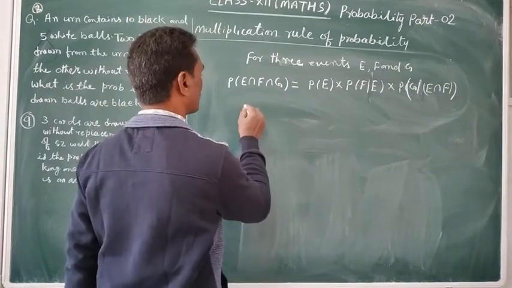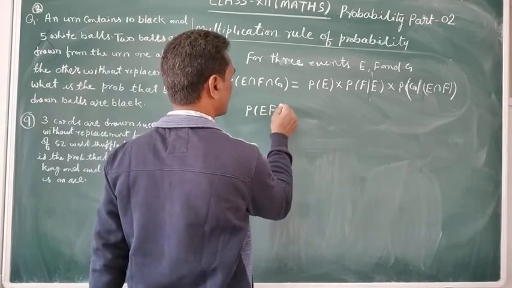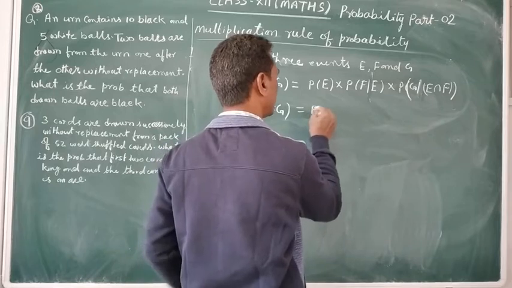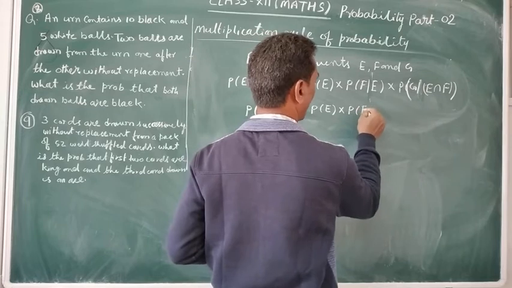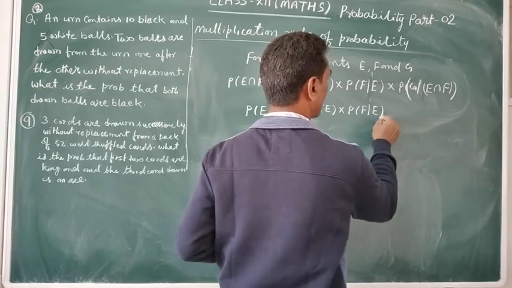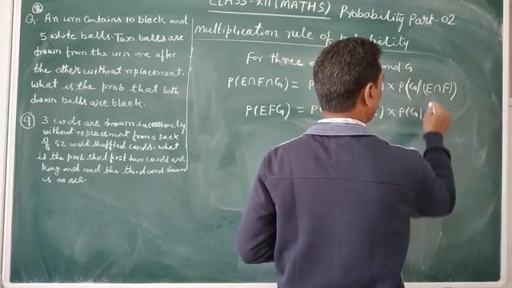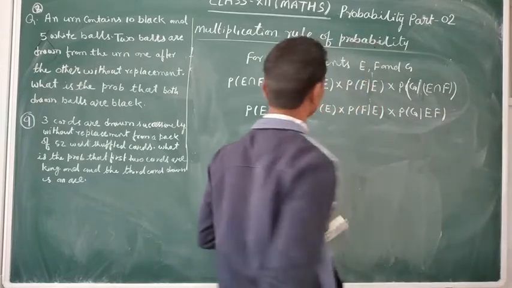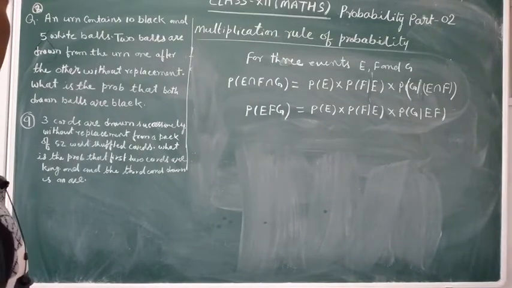In short form we can write this formula, P(EFG). Their order is important. So P(E) into P(F|E) into P(G|EF). This is the multiplication rule for three events.